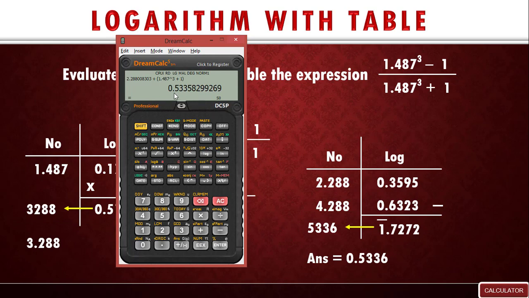You can see the value that we got here is 0.5336. It tallies with our answer. That means we are very correct.